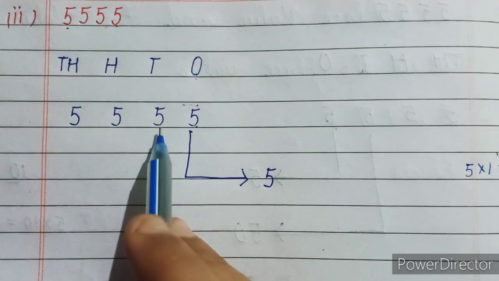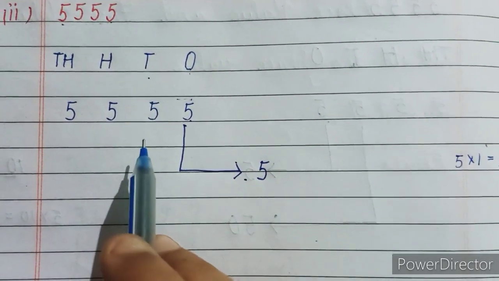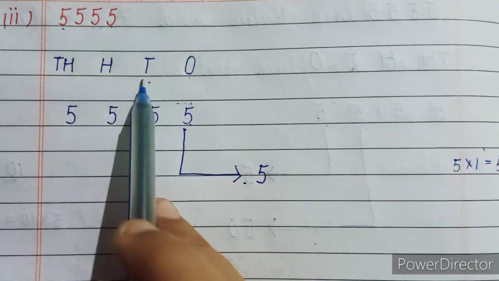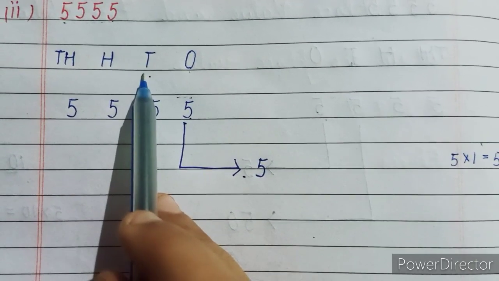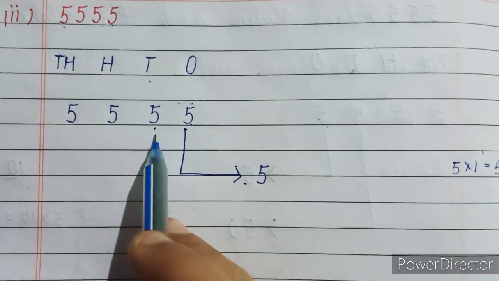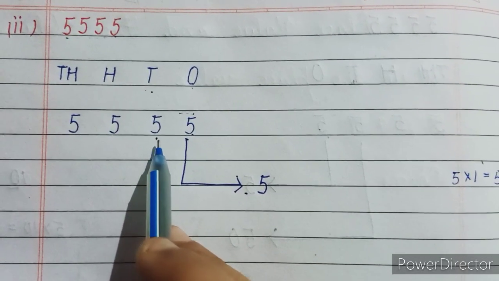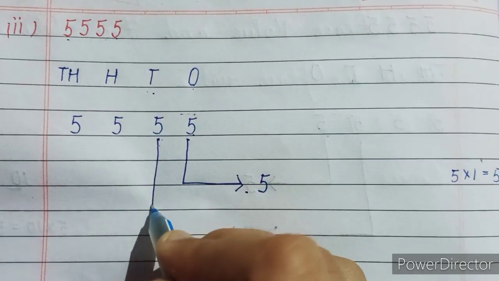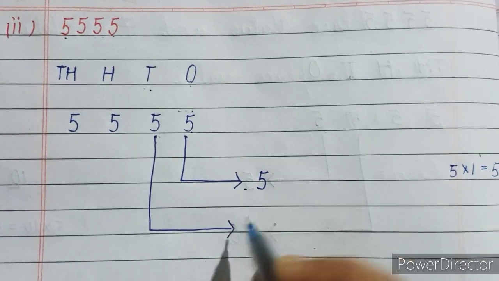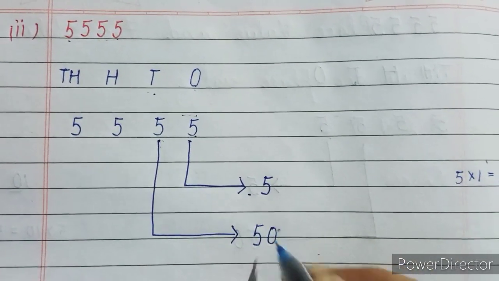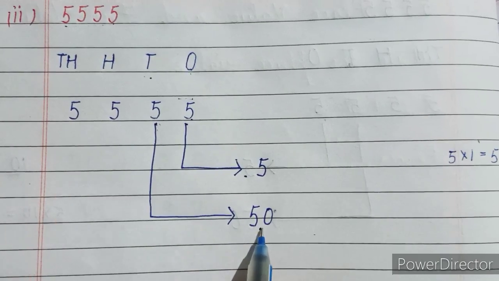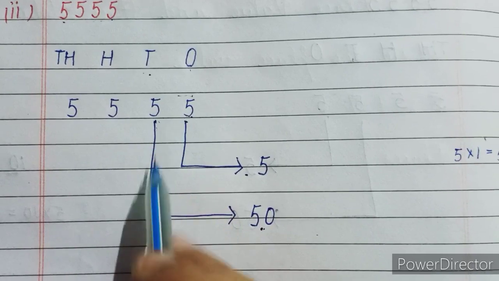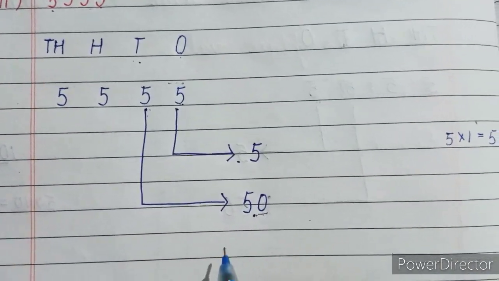Now we will move on to the next 5. That means, see students, this is the tens place. Okay, because the place value of 5 will be 50, because there is one more number after 5. Therefore, we will put 10 after 5.